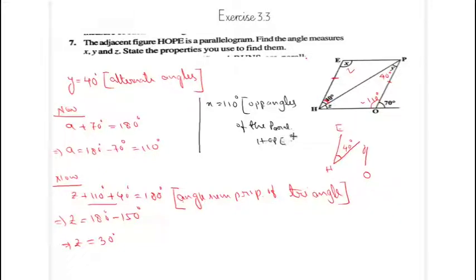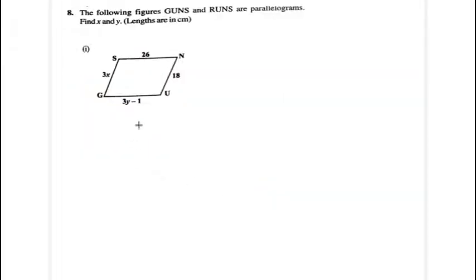This is the reason here. So here we have got the result that x is 110 degree, y is 40 degree and z is 30 degree. Hope you have understood this. This is very easy. Now move to the next sum, question number 8.